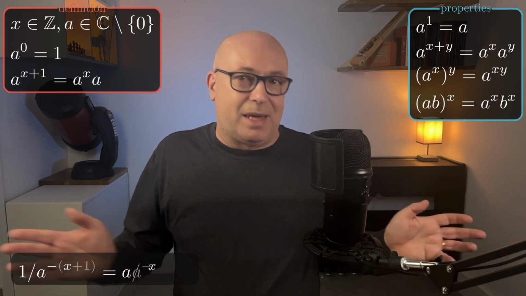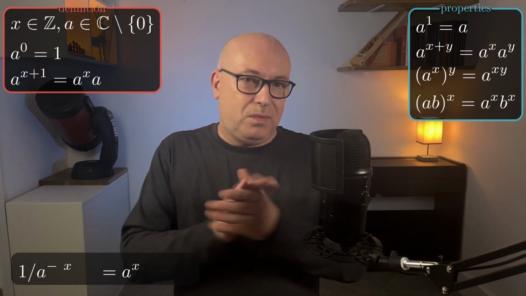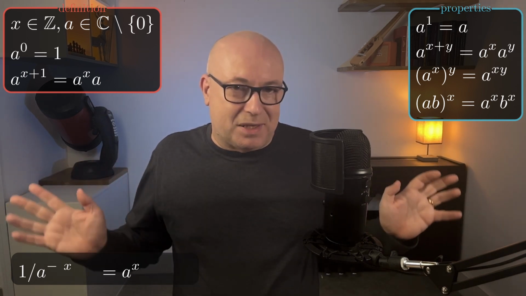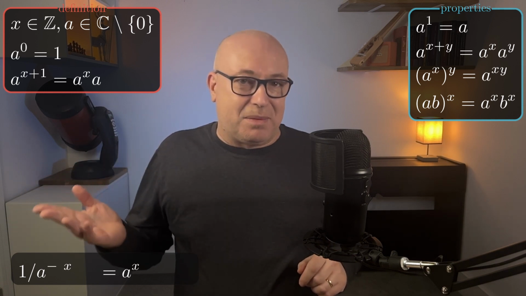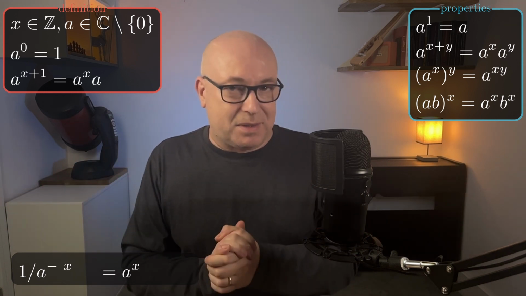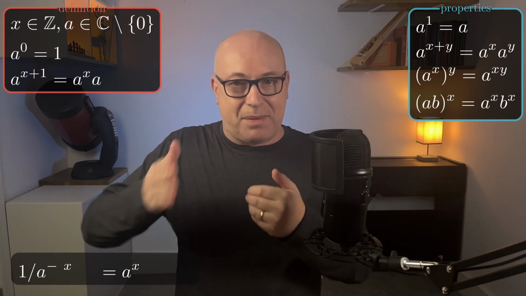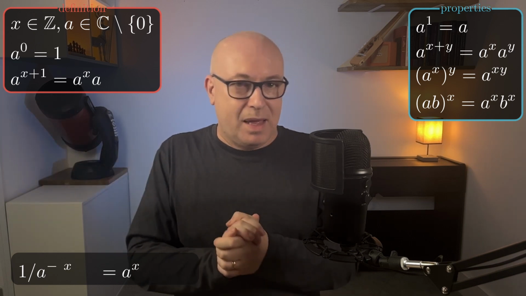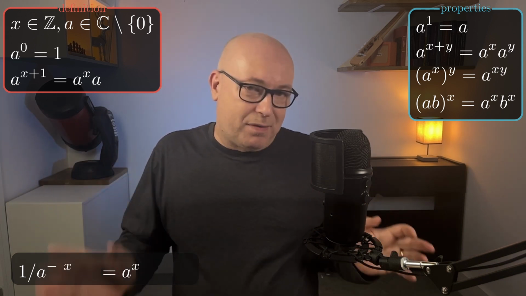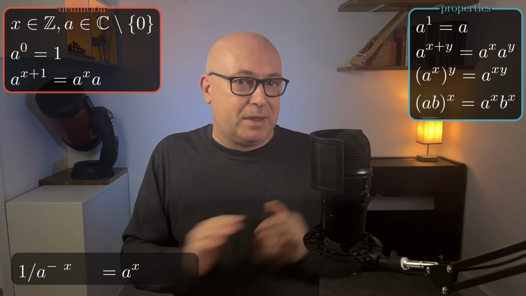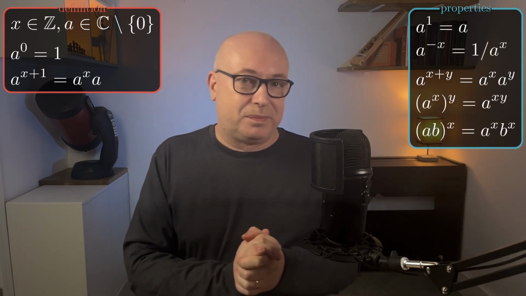So it must equal a to the power of x, which means two things. Firstly, our definition uniquely determines all the negative exponents just by taking the induction step backwards. And we also have a new property, that a to the power of minus x equals 1 over a to the power of x. So we can add this to our list.